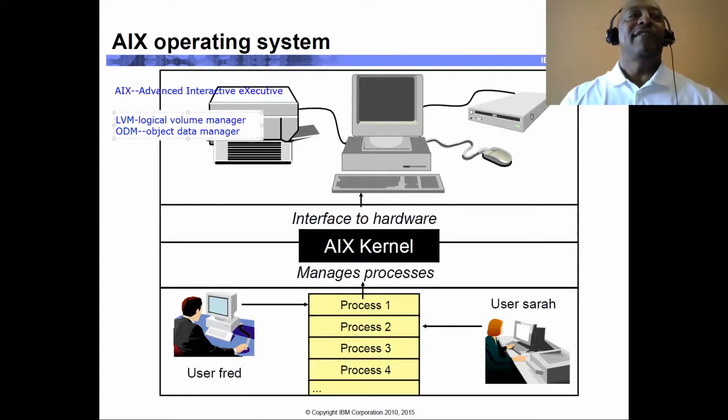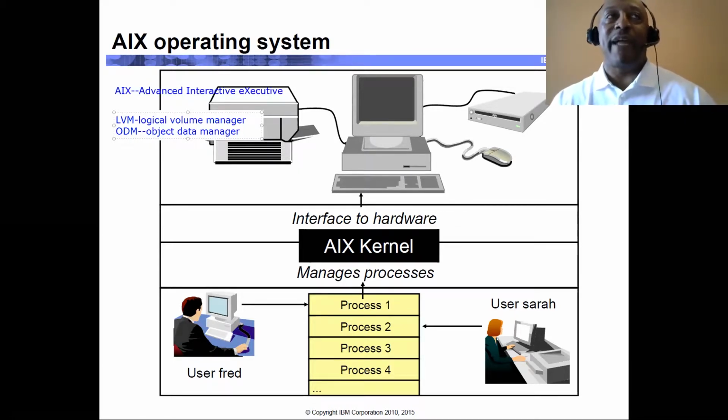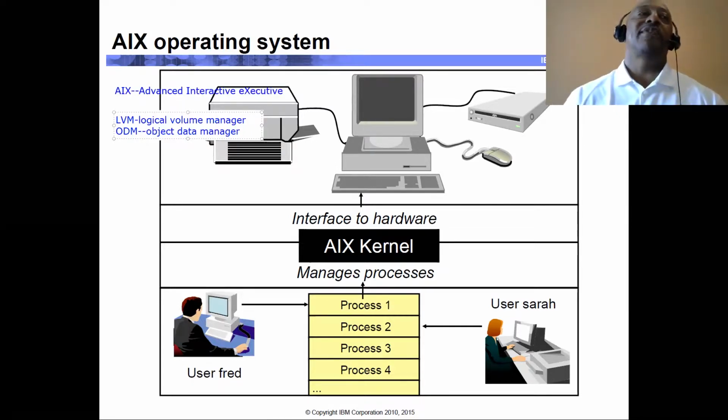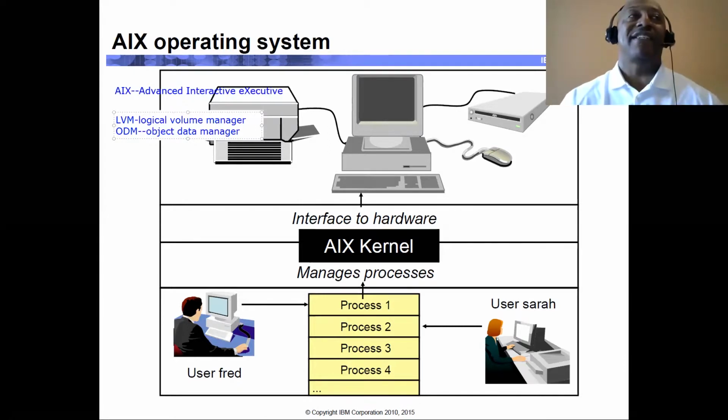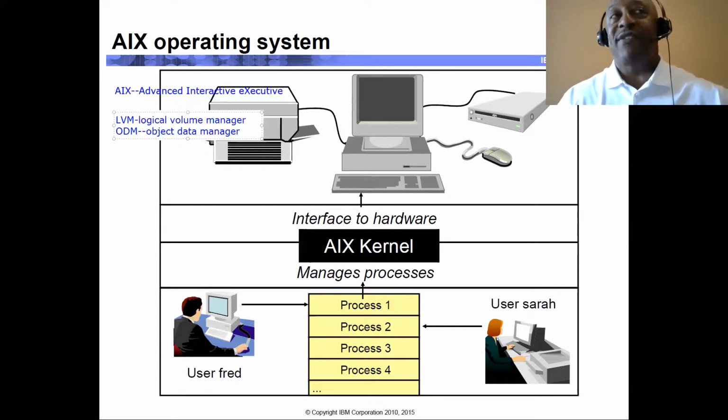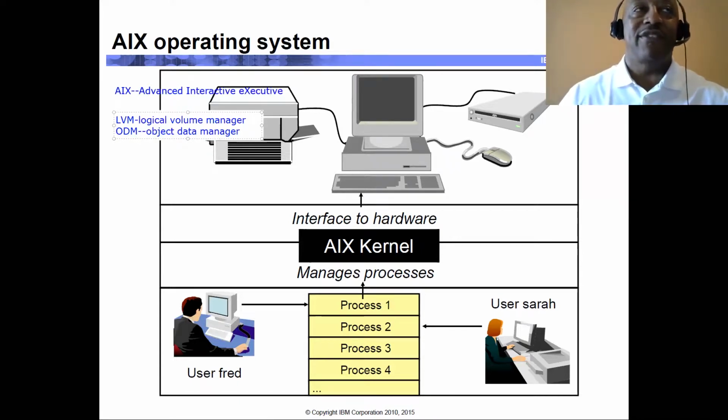These are two things that make AIX a little bit different than most Unix-based operating systems. Because the storage components are managed in AIX from a logical standpoint. In other words, we map through the Logical Volume Manager device driver our logical to physical storage.